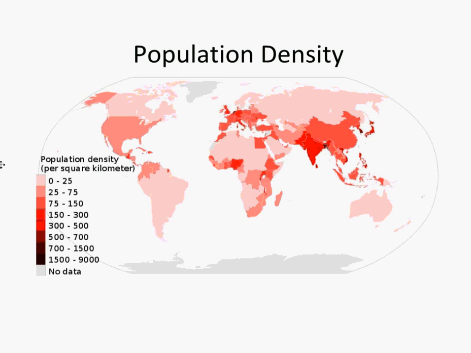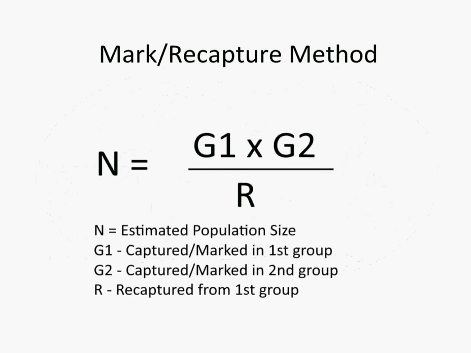One way to approximate population numbers and then population density is something called the mark and recapture method. These variables, by the way, I just kind of made up on my own. There's probably a better version of this formula somewhere, but it's still the same kind of idea.